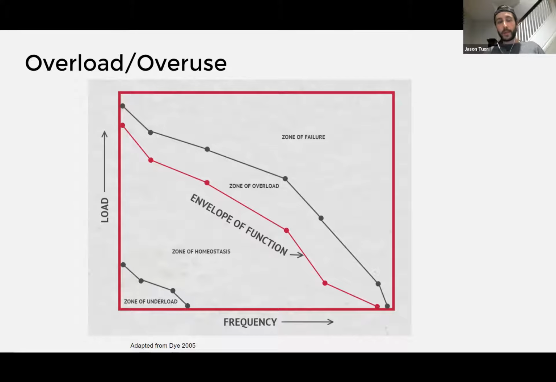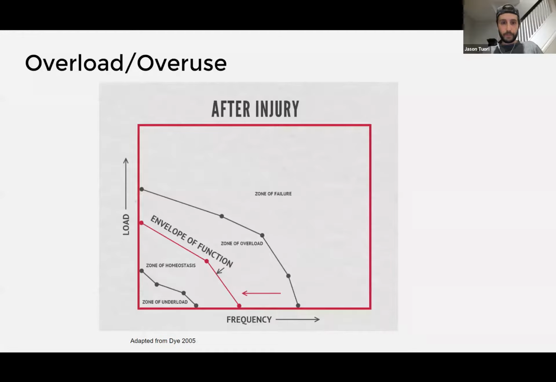So this model basically describes we can stress our body and we can stress the patellofemoral joint to a certain amount, and we can do it gradually over time, and it's usually fine. This envelope just represents everything that you can do and do it without any issue. But if you do too much too soon, then the envelope shrinks, and now all the stuff that used to be fine and easy falls outside of that realm of what you can do.